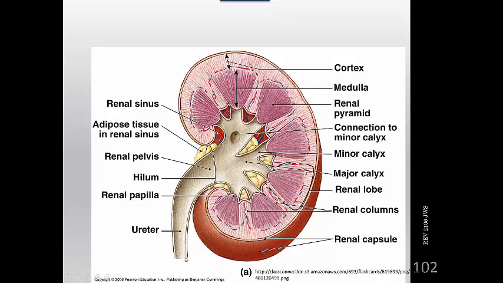If a stone is in the ureter and blocks it up, you're going to have hydronephrosis, or this area, the renal pelvis, is going to swell. It's going to be full of fluid. It's backed up because urine is constantly being secreted into the renal pelvis, but it can't go anywhere because the stone is obstructing it. So anyway, that's the anatomy of the kidney.